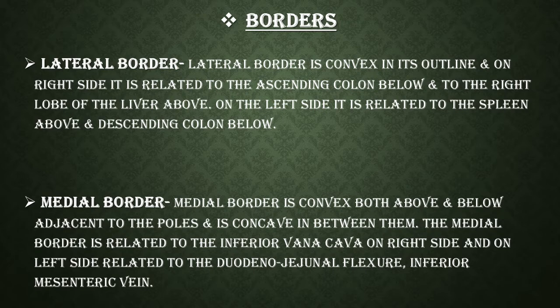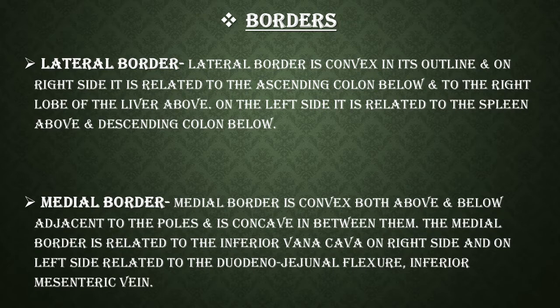Then we'll go for the medial border. Its medial border is convex both above and below, adjacent to the poles, and is concave in between them, and slopes downwards and laterally.